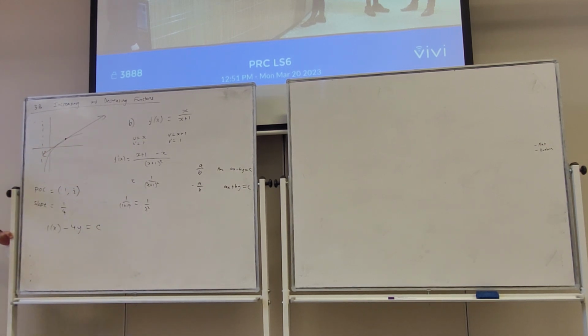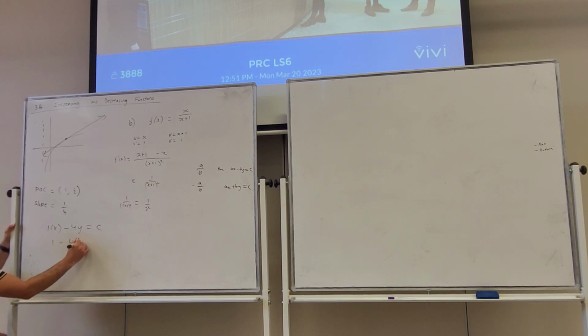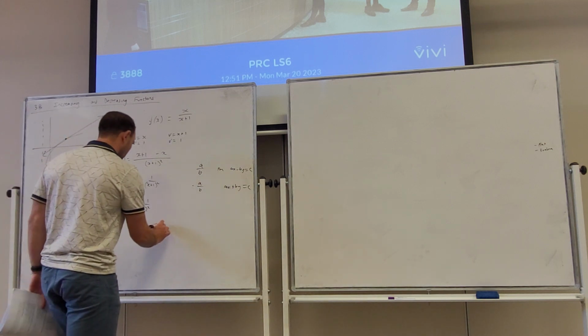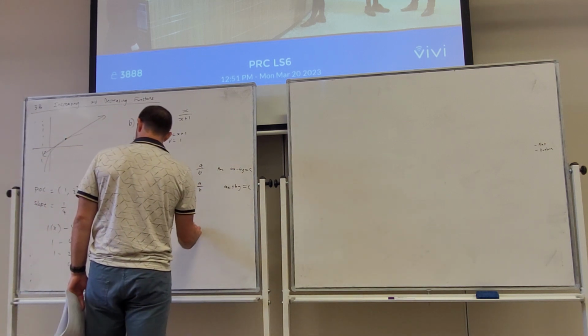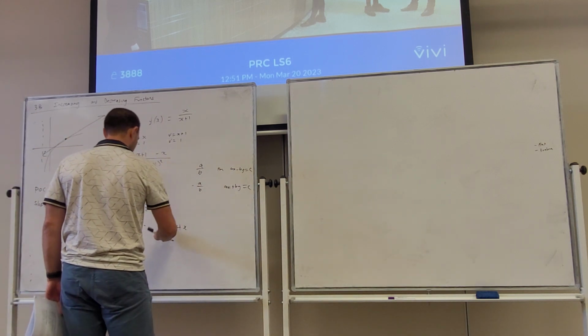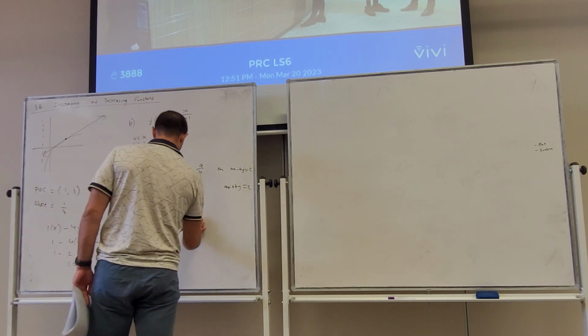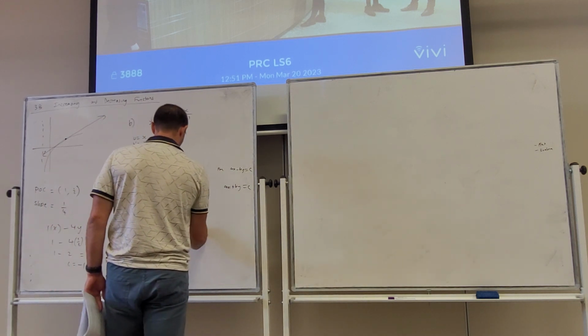We determine c by substituting in the point of contact. We've got 1, take 4 times half. We've got c equals minus 1. So therefore, x take 4y equals minus 1.